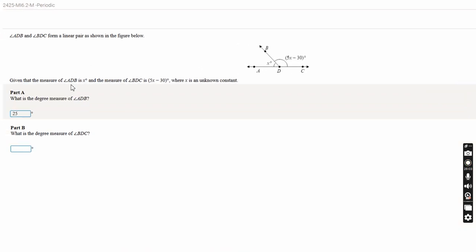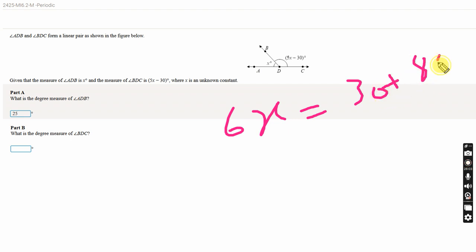Okay, one second. Let me calculate this once more. So 6x, and we go to the other side, 30 plus 180. So 30 plus 180, sorry, we're supposed to add, right? Because it's negative here. I made a mistake there. So 180 plus 30, that's 210. Divided by 6, you get 35, not 25.